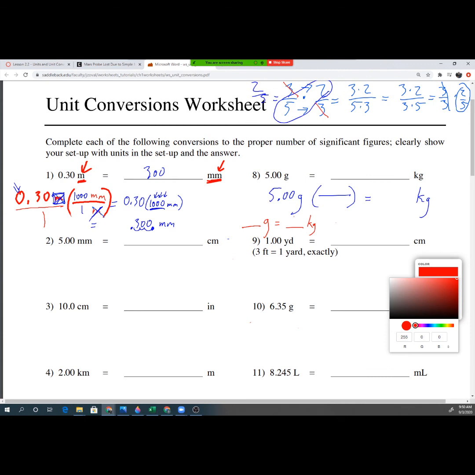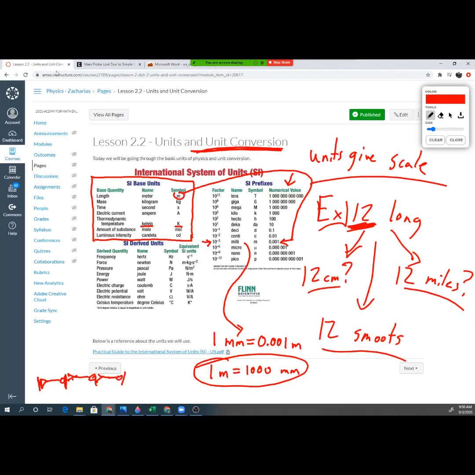So I'm going to give the 1 to the bigger thing, just because I think it's easier to not use decimals here. So let's say how many grams are in 1 kilogram? Is it 1,000? 1,000. And that's where, again, we can come back here, find kilo, and find it's 1,000 grams.